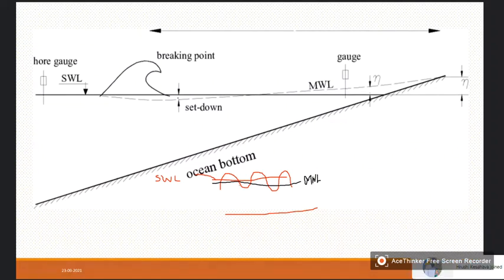The difference between the still water level and the mean water level is called set down or set up.